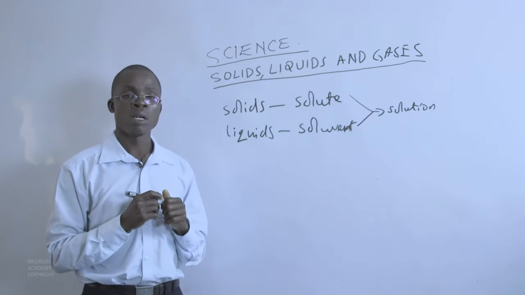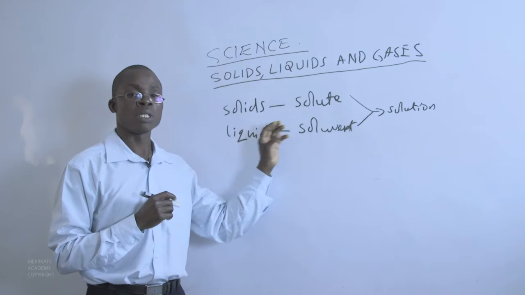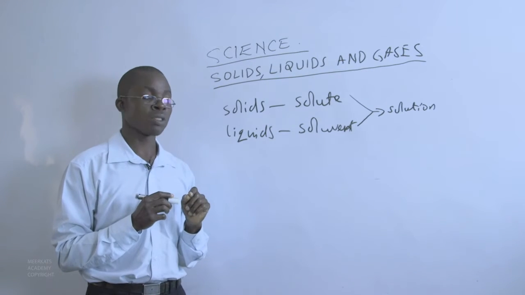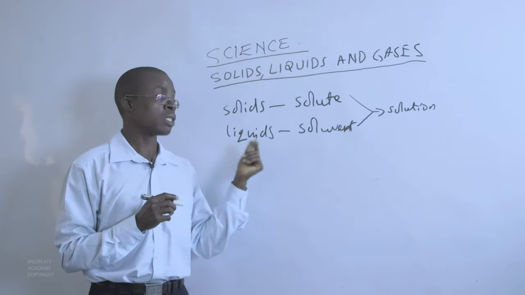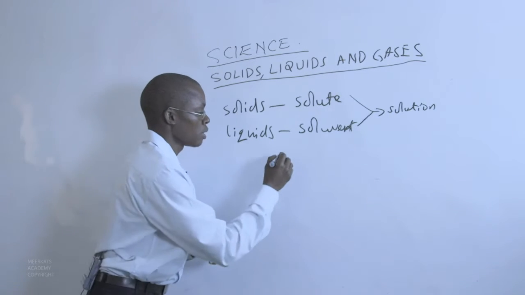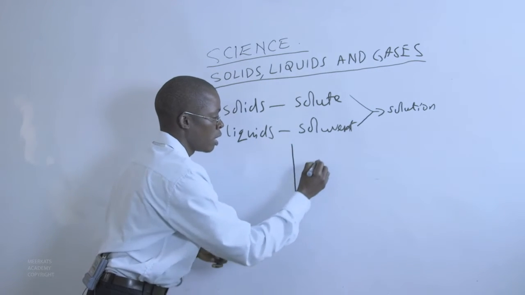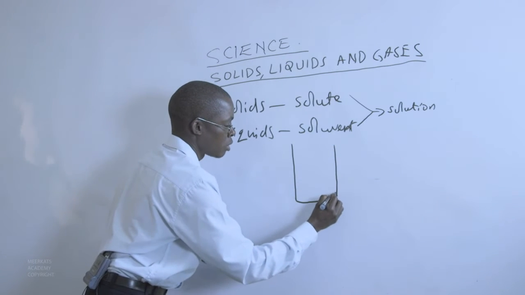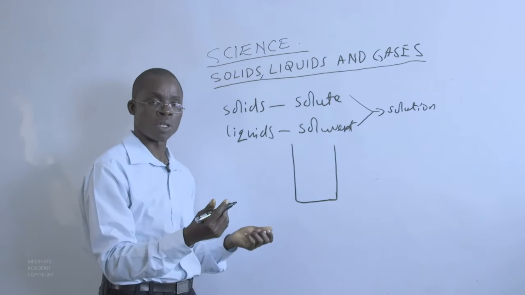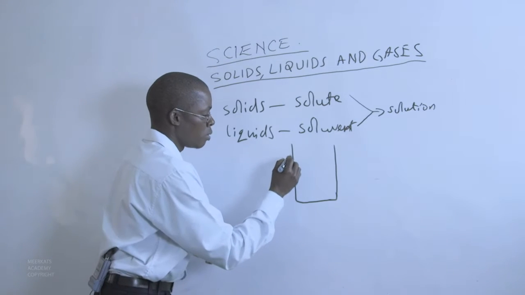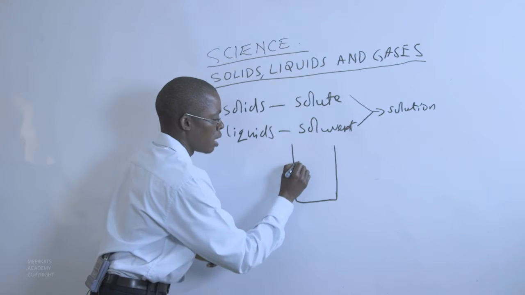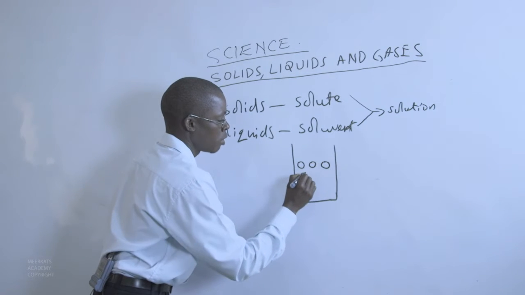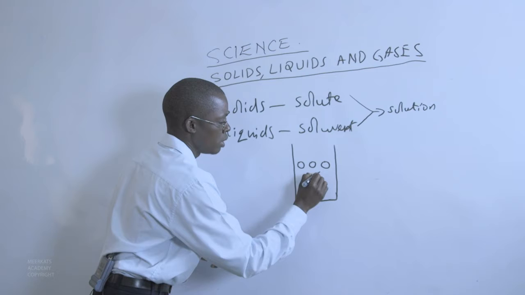Let's use a model to understand better how these solid particles enter the spaces of the liquid, which is the solvent. Imagine a container, maybe a glass of water or any solvent, and we use the black balls as particles of a liquid.